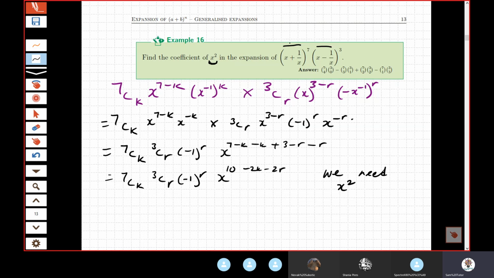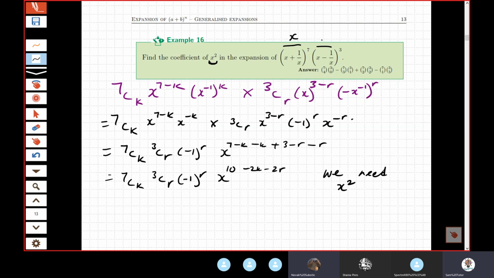Like what component here multiplied by what component here would have given you x to the power of 2?